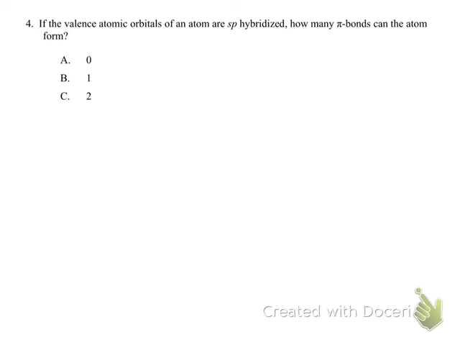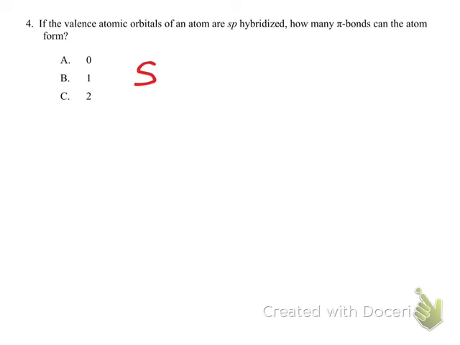This question says, if the valence atomic orbitals of an atom are sp hybridized, how many pi bonds can it make? And there's also 2 ways we can think about this. Well, let's talk about the conceptual way, and then let's do an example. To glean more insights into hybridization, we can use our friend the SPBBD rule.